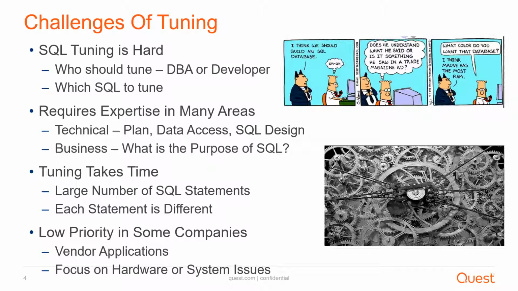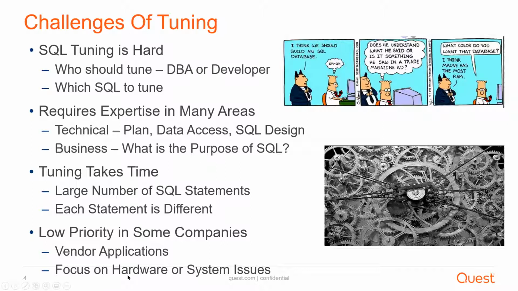Tuning takes time. There's a large number of SQL statements in a database, and there's no cookie cutter approach. And then finally, some companies consider it low priority. I worked at a network firm where my VP grew up through the ranks of operations, and he had the wallet, so he could throw money at anything.